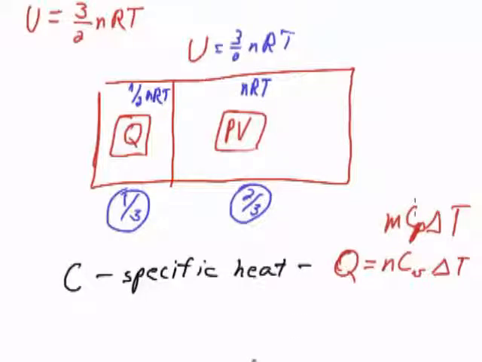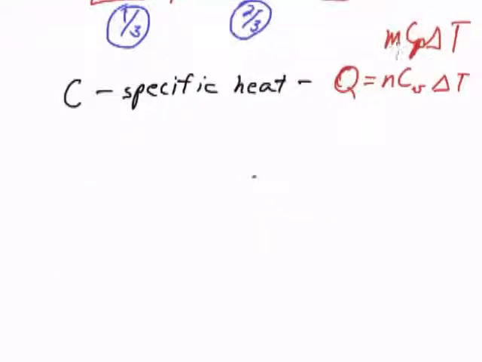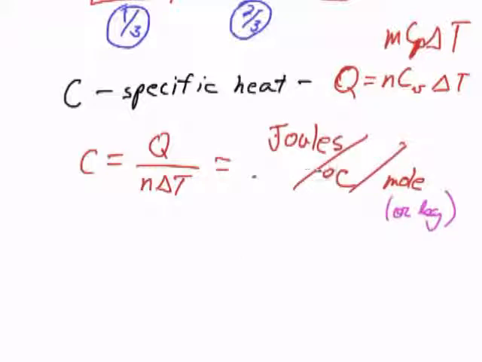So we're going to use the same symbol C to represent the specific heat, whether we are doing molar or by mass. Let's solve these for C. C equals Q over n delta T, or m delta T. And the units would be joules per degree Celsius per mole, or kilogram, what have you.